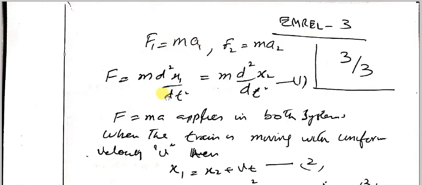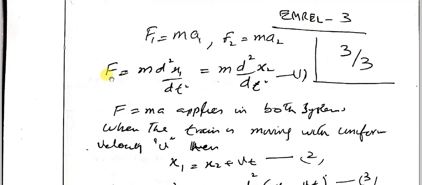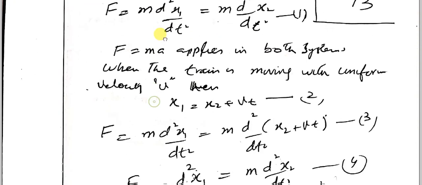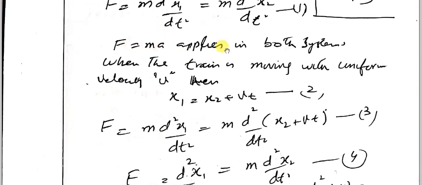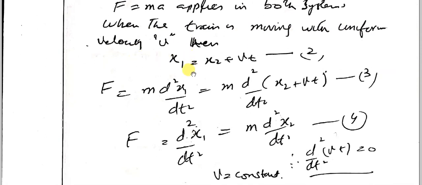So first we take F is equal to m, putting the value of a1, which is d2x1 by dt square, equal to m d2x2 by dt square. In frame 2, this is frame 1. So F is equal to ma applies in both systems when the train is moving with uniform velocity. Then x1 is equal to x2 plus vt.